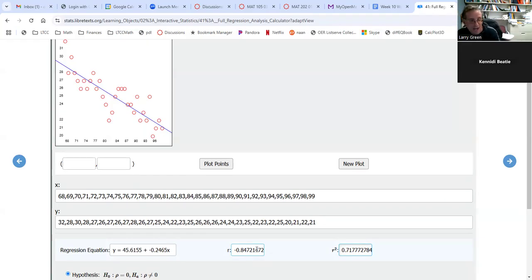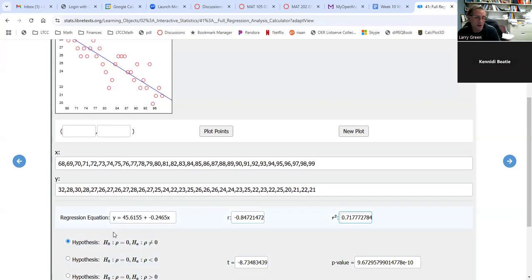So our H naught is rho equals 0, no correlation. Got it? H A, and sometimes you call it H1, you choose, is there is a correlation. So rho is not 0. Do you see how that works? Any questions on that?